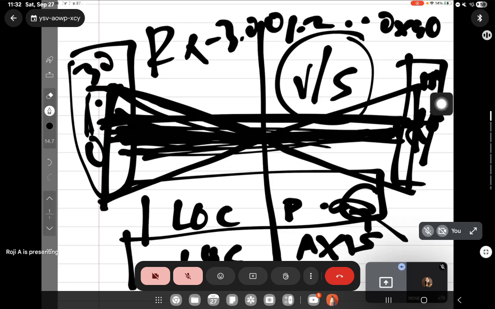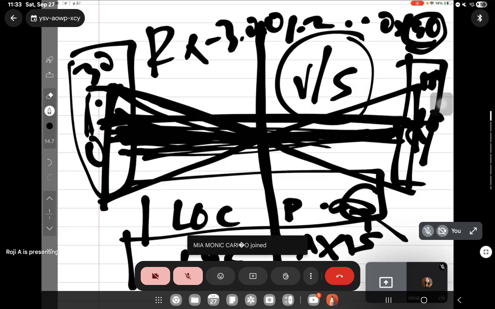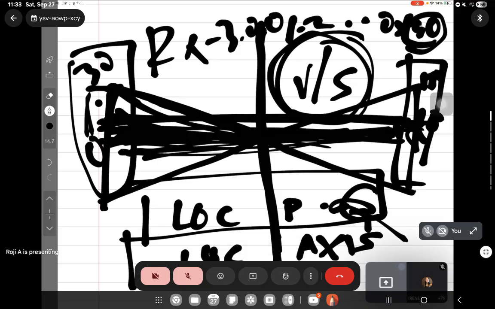So 90 is the least curved, correct? If this is axis 90, 90 means it's not too curved. Where is it more curved? 180. So it falls under against the rule.